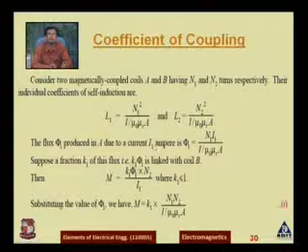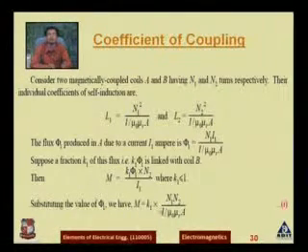Or we can simply say that N2 is equal to K into Phi1, right? Agree? So substituting this value in the equation, that is in the Phi1, we can write M is equal to K1 into N1 N2 divided by reluctance.